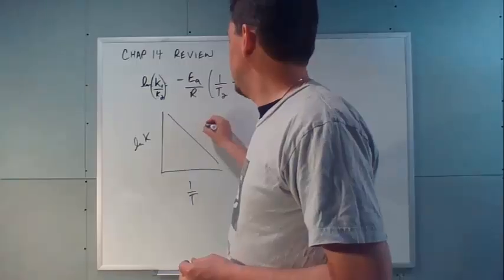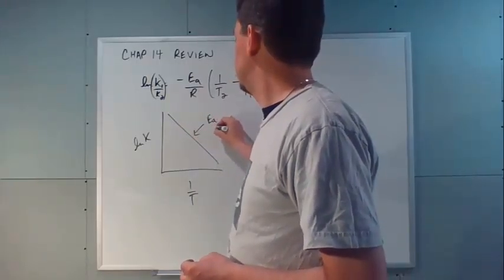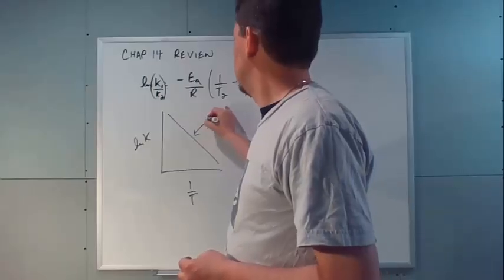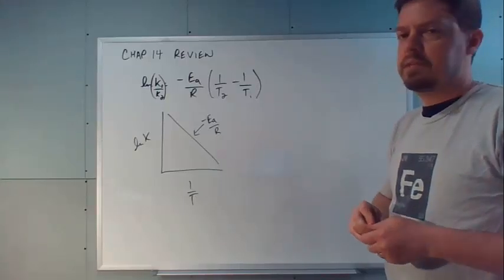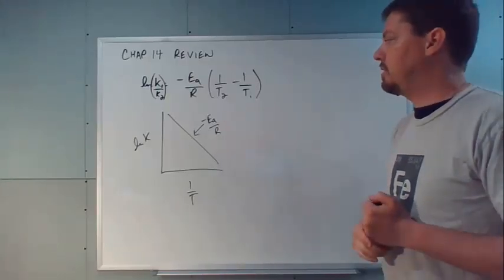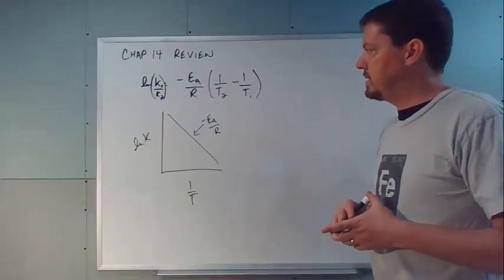We get a negative slope here, and the value of this slope is going to give us negative EA over R. Okay, so we can use that then to calculate the activation energy from the graphical data that's given to us.